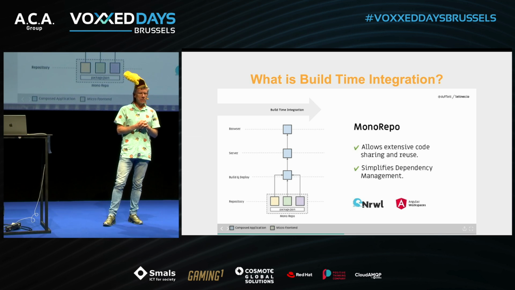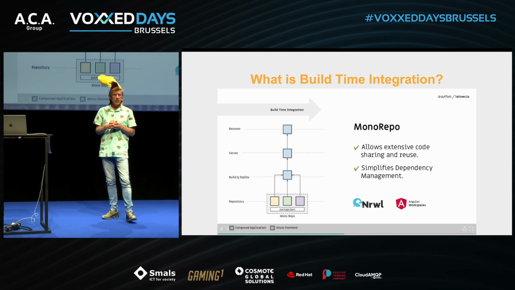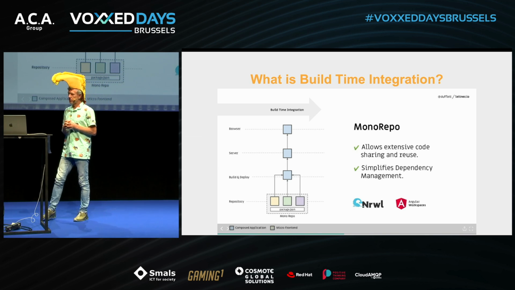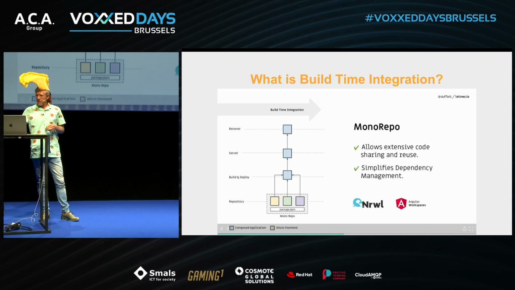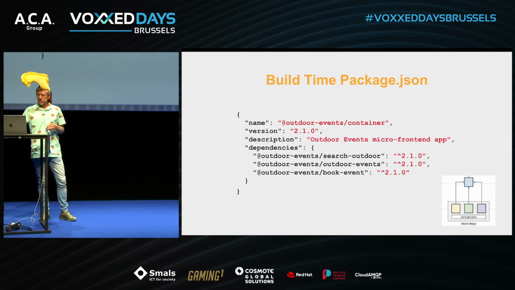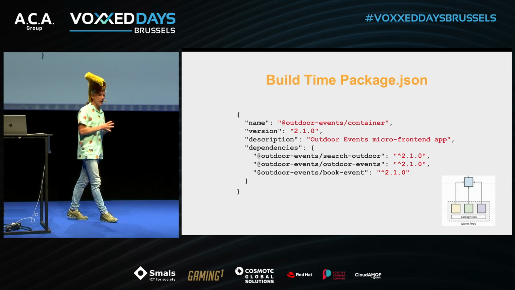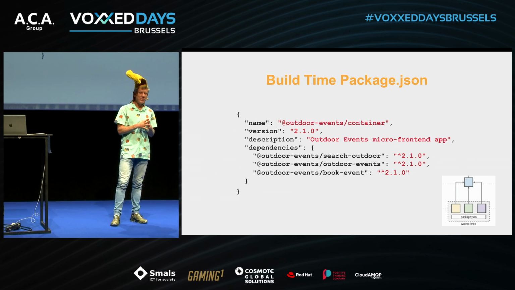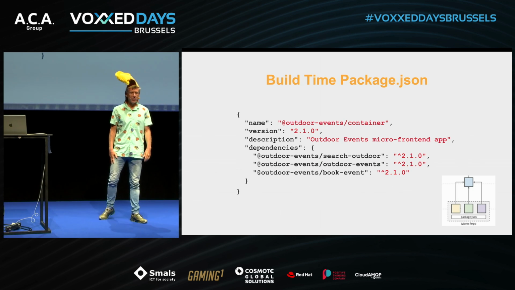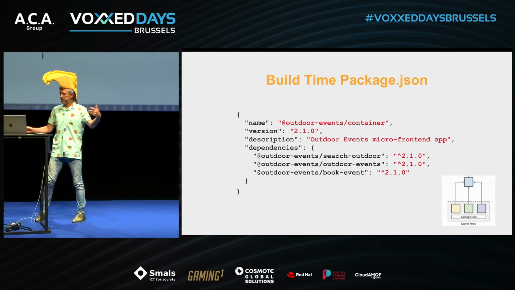And you have a lot of techniques and tools for this, for example Angular workspaces. And you see here how you can bundle such a micro frontend. It's nothing more than having multiple packages in package.json, one for every micro frontend, and you bundle them together.